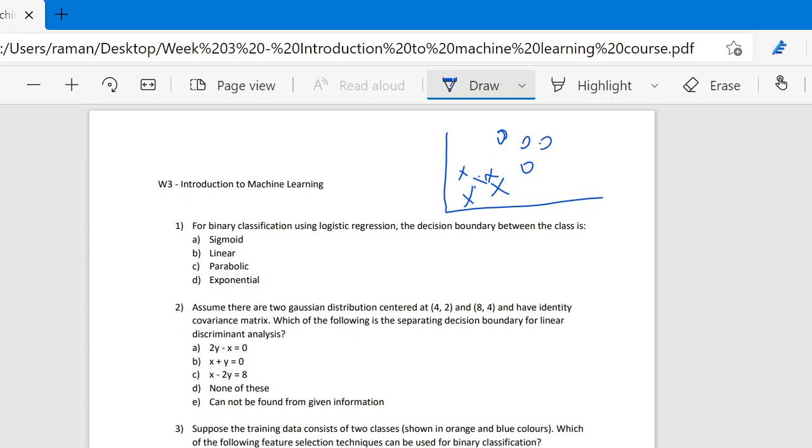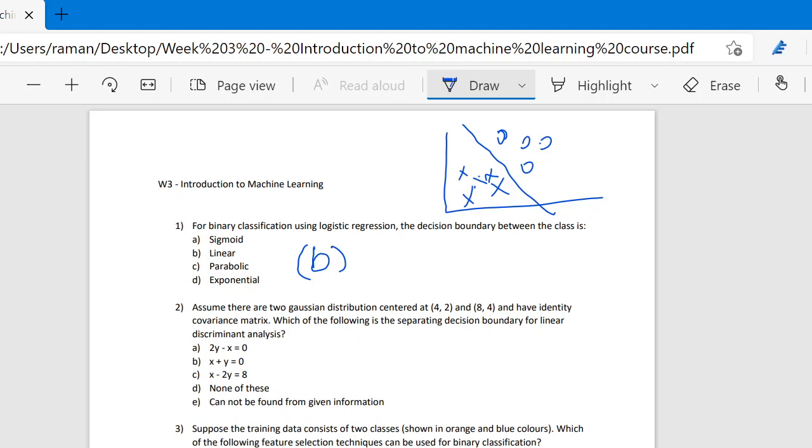These are the two classes. To draw the decision boundary, we use the logit function, and that will be a linear combination in terms of betas. That's why there will be a linear boundary to separate classes. Hence, the correct answer will be B. The decision boundary is linear.